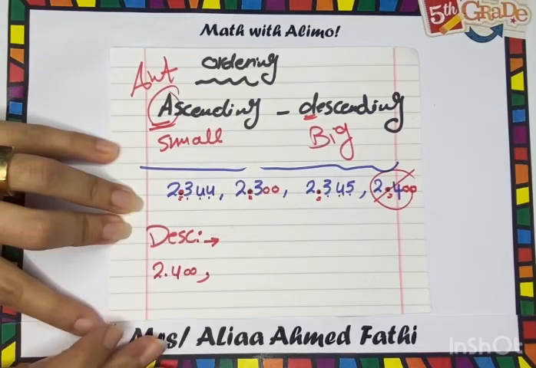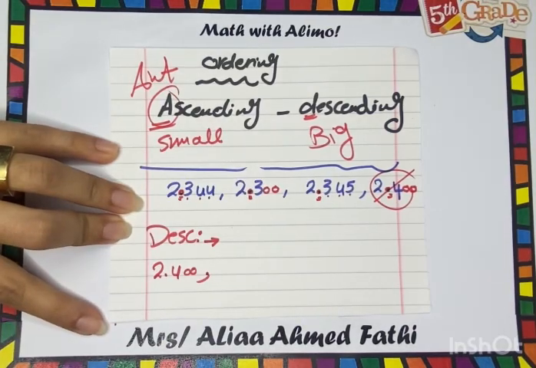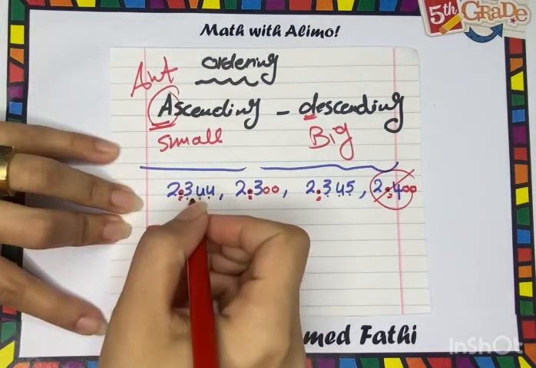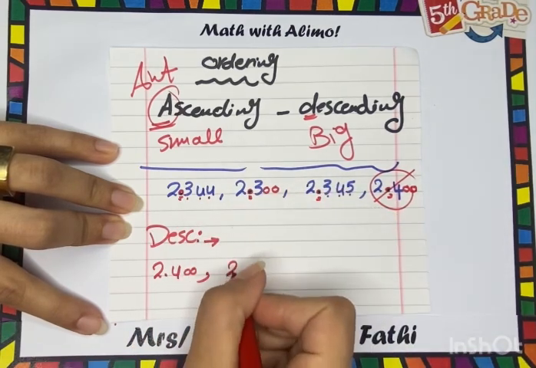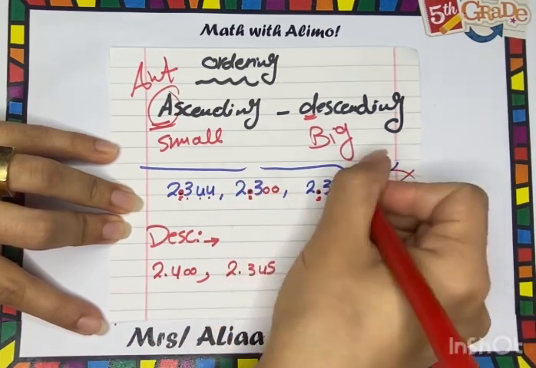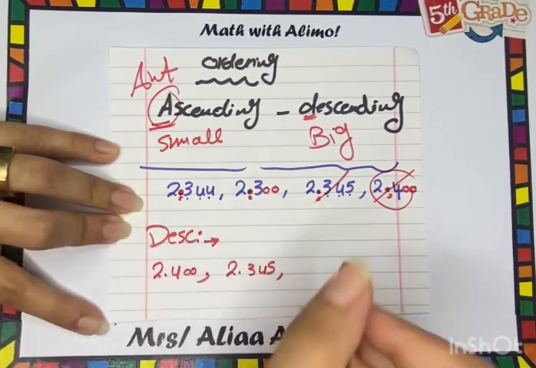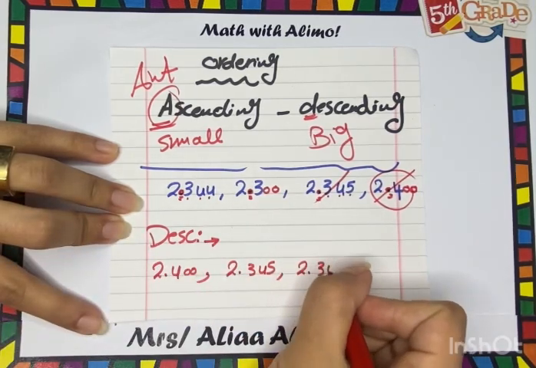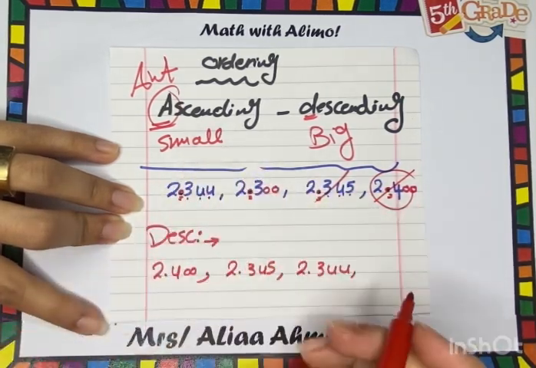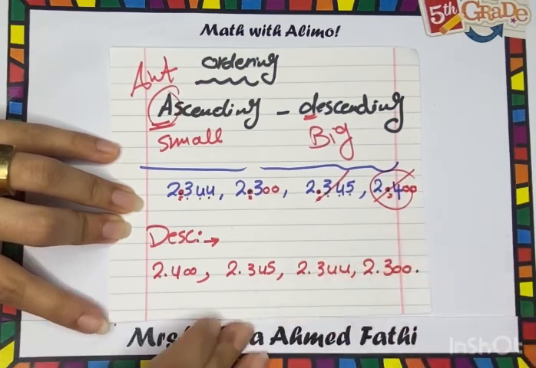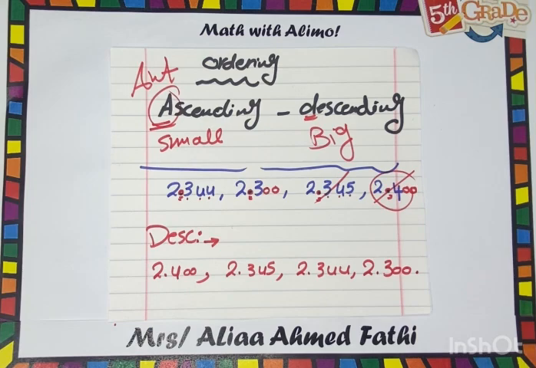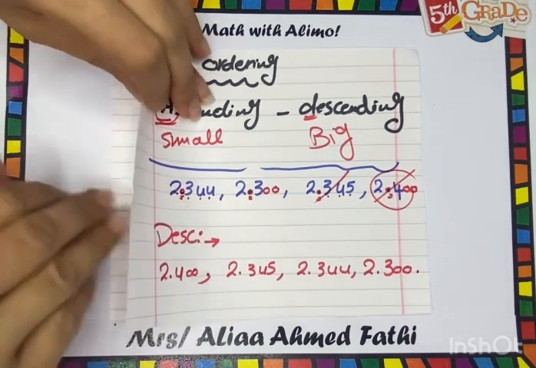Okay, both are right. Then the next one, 344 or 300 or 345. Of course, the 2.345. Cross it. Then 2.344. Then the last one is gonna be 2.3 or 2.300. Okay? Is it easy?